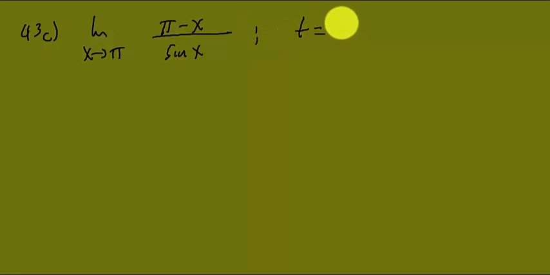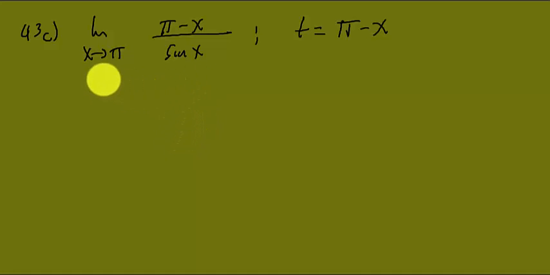43C. I have a limit as x goes to pi, and that is pi minus x, all that over sine of x. Okay, and then I have t is equal to pi minus x. So they want me to substitute that in, so I'm going to plug it in.